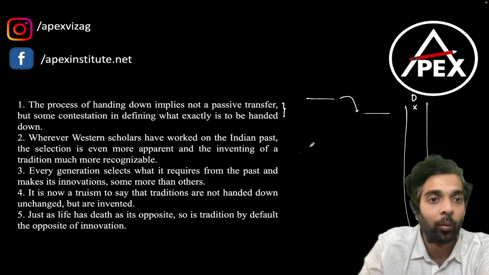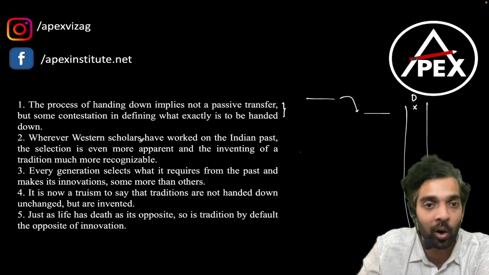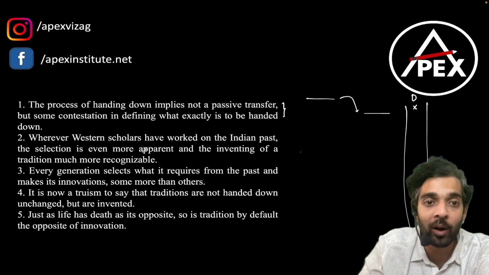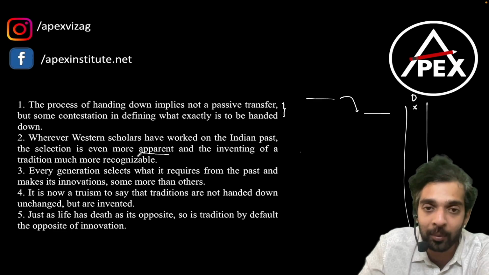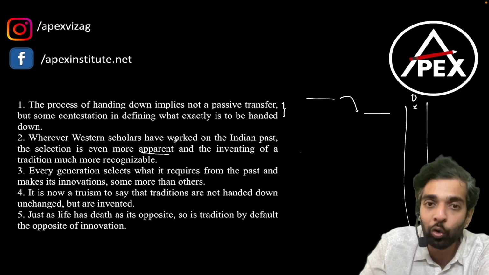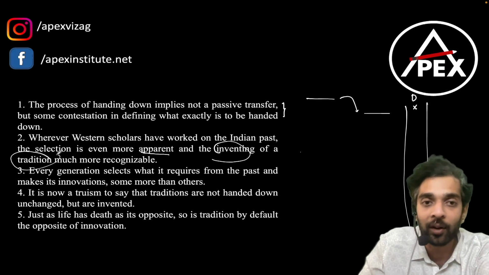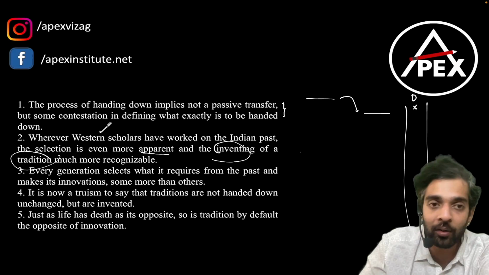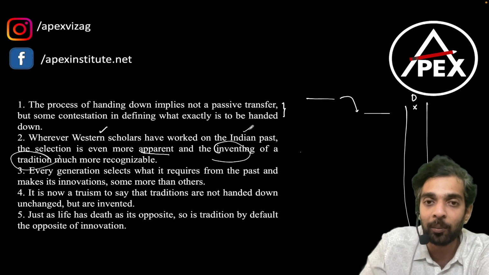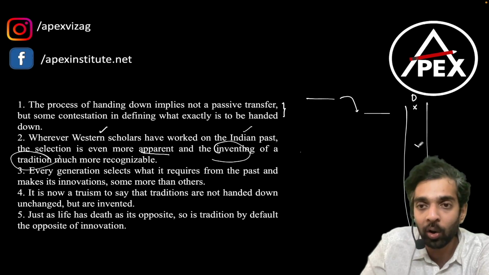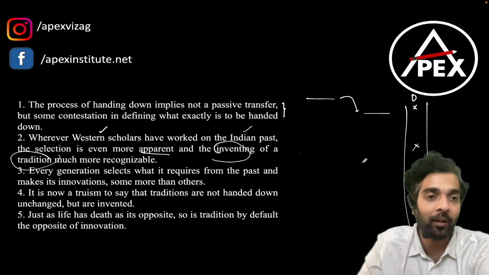Okay, what about here? Wherever Western scholars have worked on the Indian past, the selection is even more apparent and the inventing of tradition much more recognizable. So now we have two new buzzwords: something is talking about invention and something is talking about tradition, and obviously Western scholars doing something on the Indian past. Again too many unknowns, so this also might not be my opening statement.